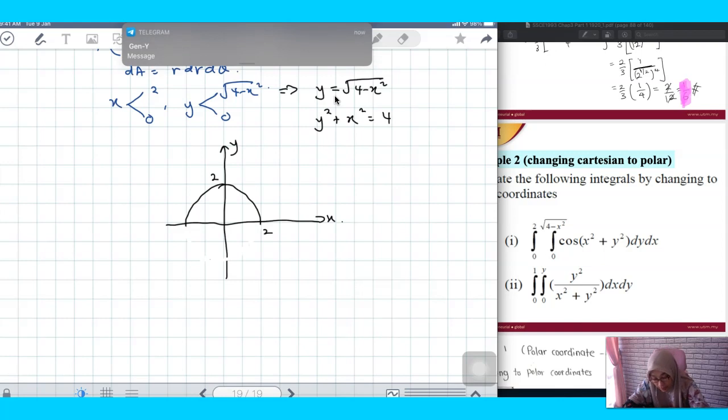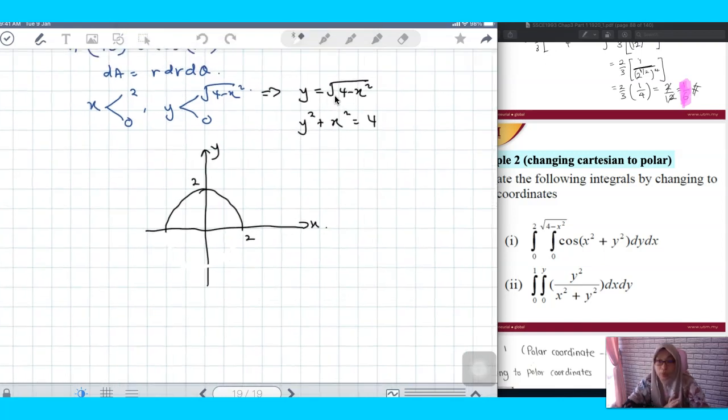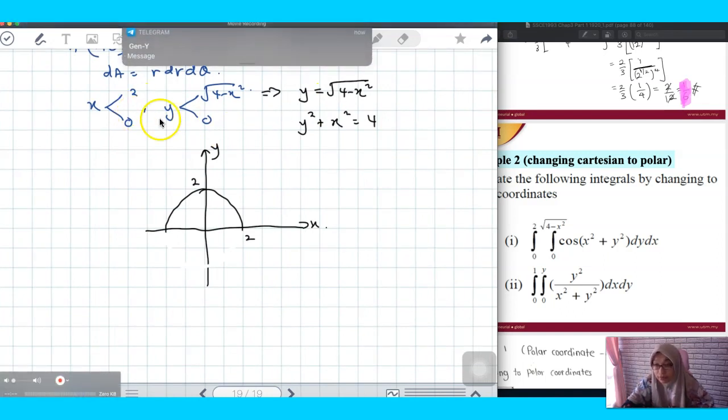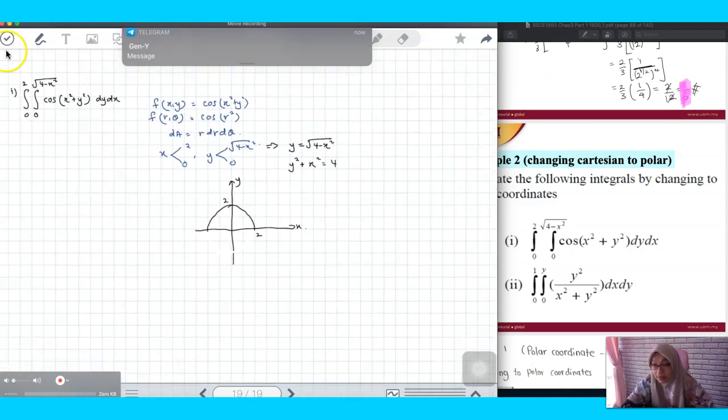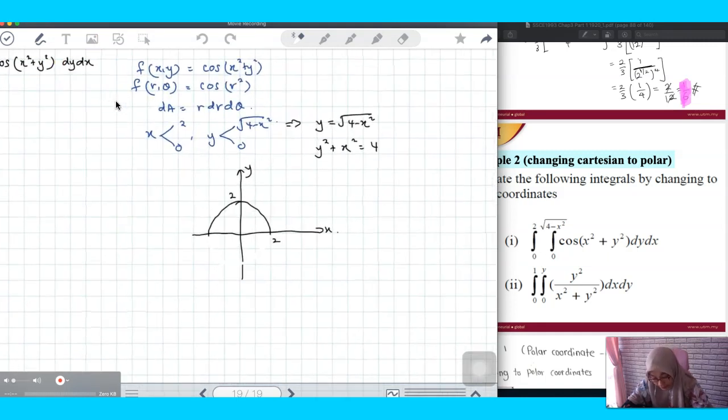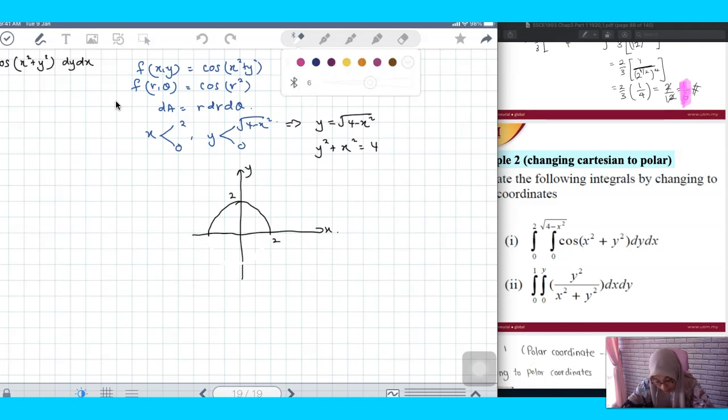Then, to know what is the area that we need to shade, because we have to determine the region, you have to look at the limit again. So you look at the order. The order here, x is constant. So when x is constant, you have to draw a line which will guide you to determine the limit.